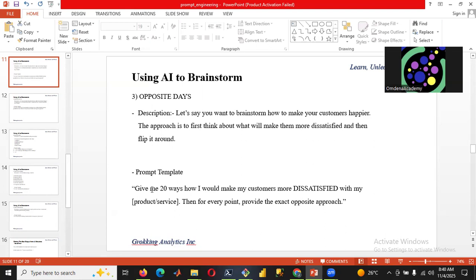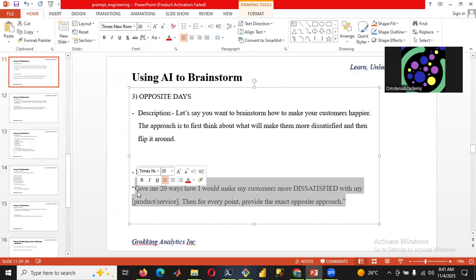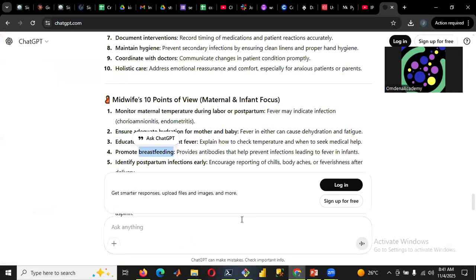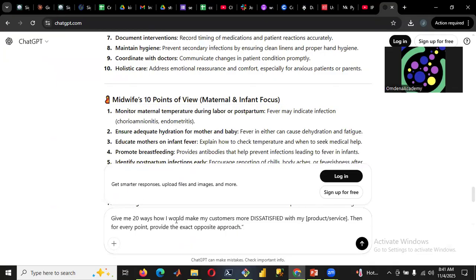So for instance, here is: give me 20 ways how I would make my customers more dissatisfied with my product or service. Then for every point, provide the exact opposite approach. Let's use this template to see. So here you have this. It said give me 20 ways.